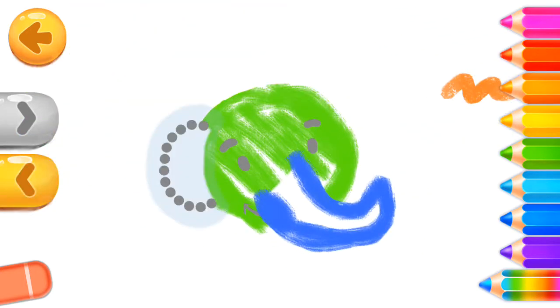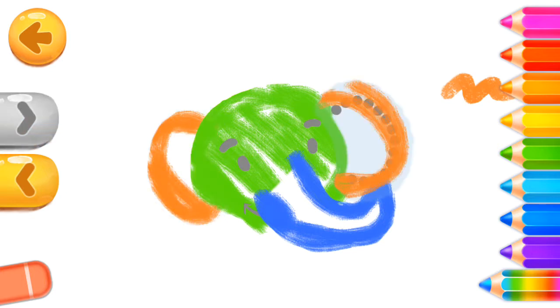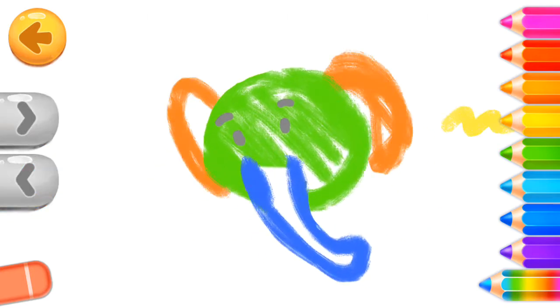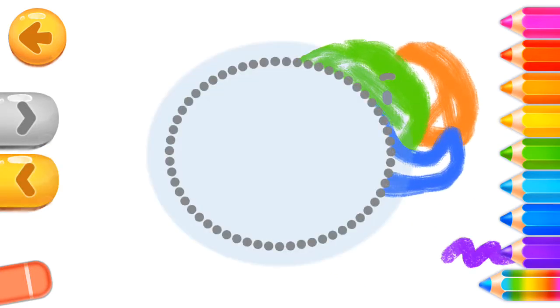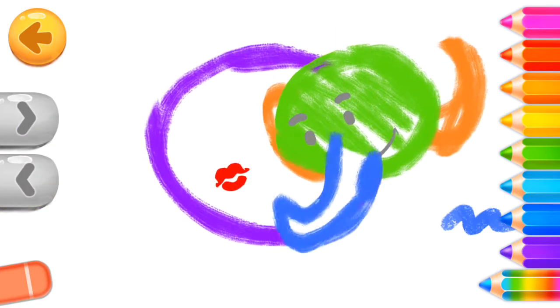Draw the elephant's ears. They're huge. Ooh. The elephant is big, and his torso is big too. Add a little tail to the elephant.